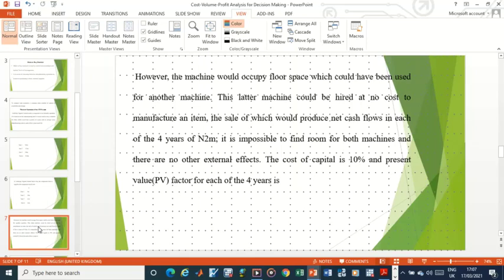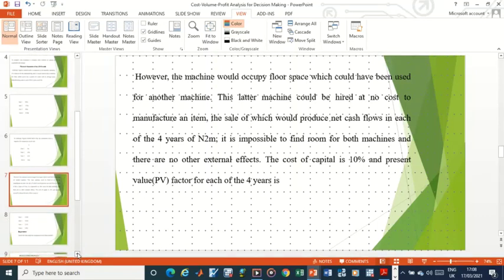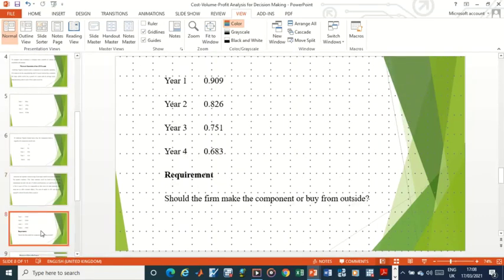The cost of capital is 10%, and the present value factor for each of the 4 years are stated below. Year 1, we have 0.909.